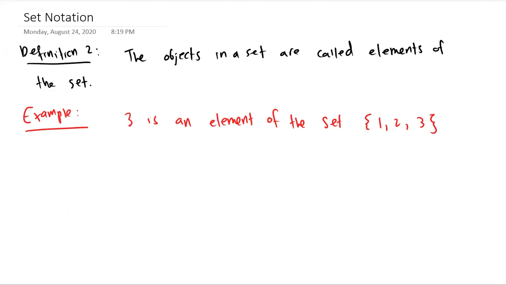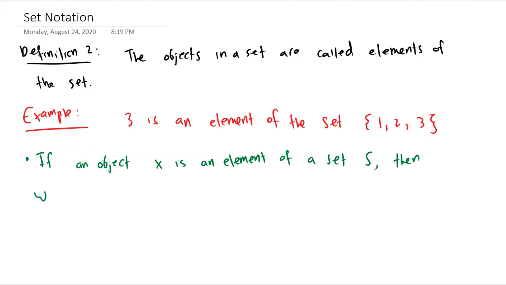Now, if an object x is an element, so I'm using x as just a variable, it's just any object. If an object x is an element of a set, let's give it a name, a set S, then we write x is an element, and the symbol kind of looks like a turned around E, right?